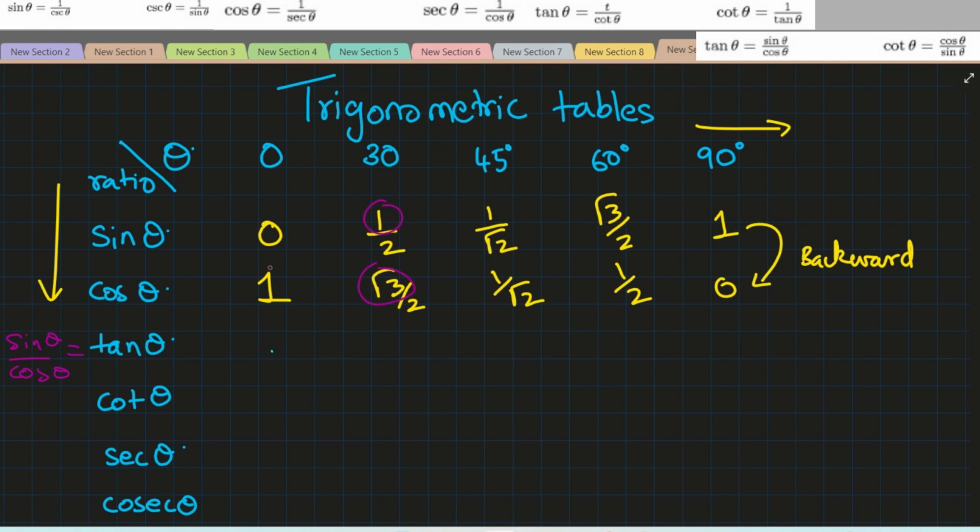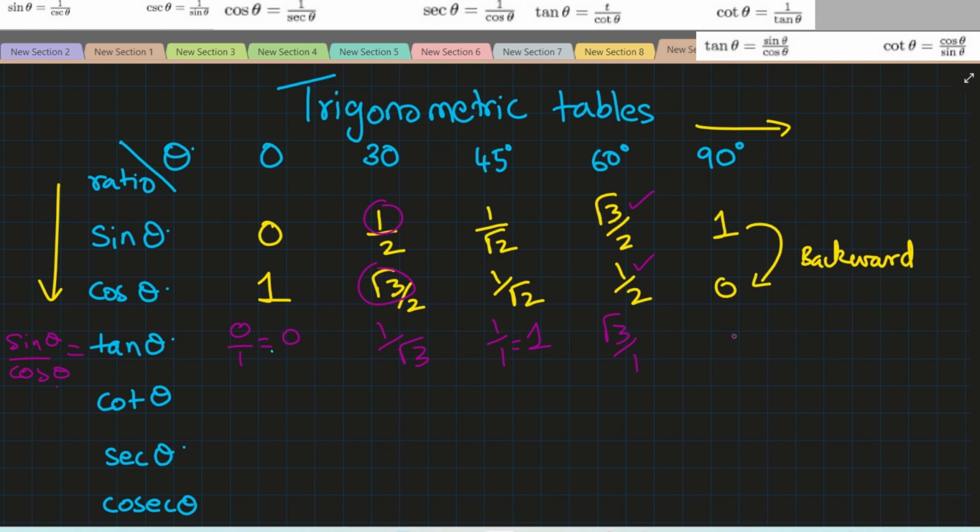So sine 0 upon cos 0, that is 0 upon 1, gives you 0. The numerator of sine theta and the numerator of cos theta will give you tan 30. So tan 30 will be 1 upon root 3. Tan 45 will be 1 upon 1, which will give you 1. Tan 60 will be root 3 upon 1.